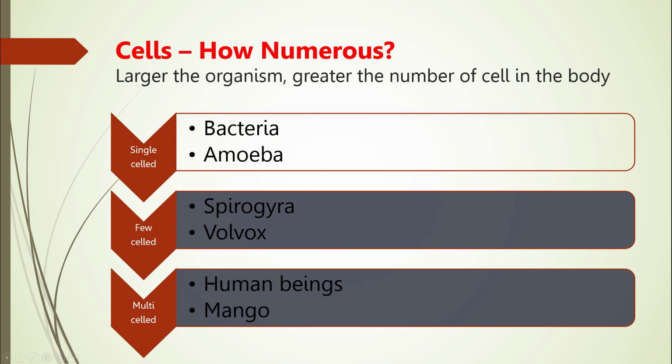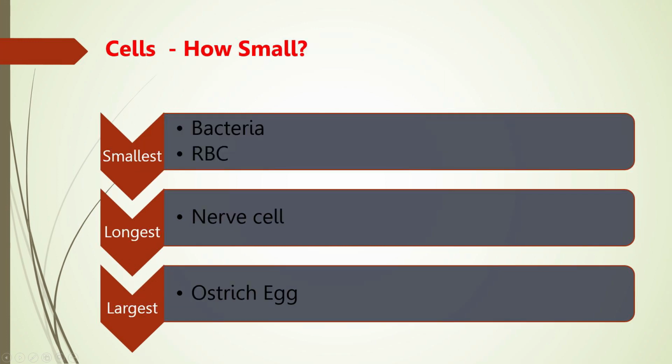Okay, so till here it was clear how many cells are present in the body. The next question was, if these are the number of cells present in the body, what would be the size of the cells? Whether they are too large or too small. Again, it depends upon the organism.